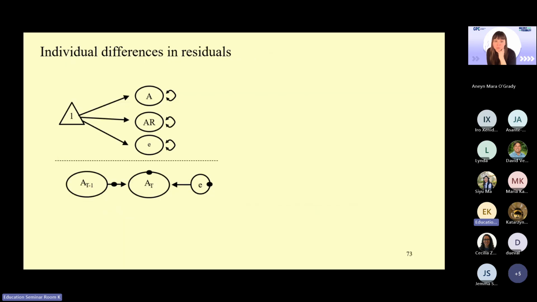So this is a model that I've tried. I'm still working out how you really interpret this model. We see that we have the residual here at the within level. And we see that this is specified as a random effect, which means that there are individual differences in how large the residual is. The residual is the unexplained variance of that variable. So we can explain if there are individual differences in the residual or the unpredicted part of the model. And the people who come up with this idea suggest that these are all the things that happen to a person during the day.